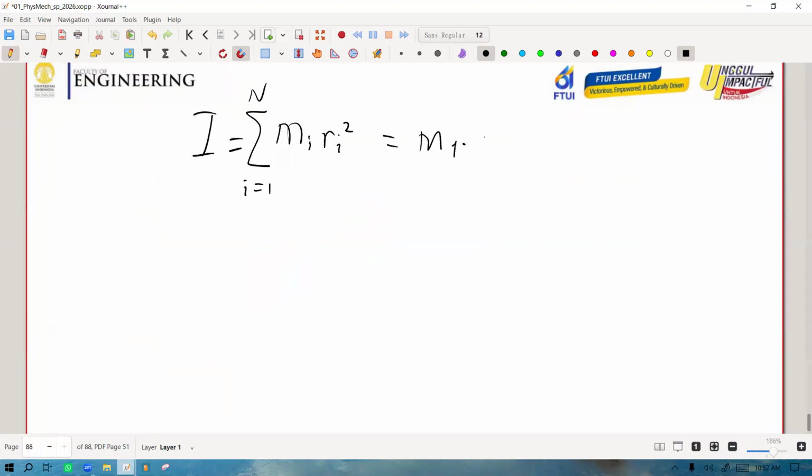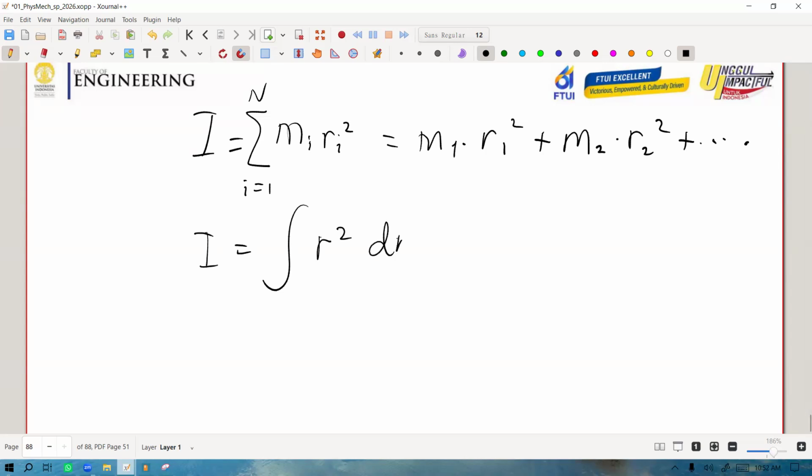This one is m1 r1 square plus m2 r2 square, and so on. But for continuous bodies, it is the integral of r square dm. This is the form of inertia in the continuous form.